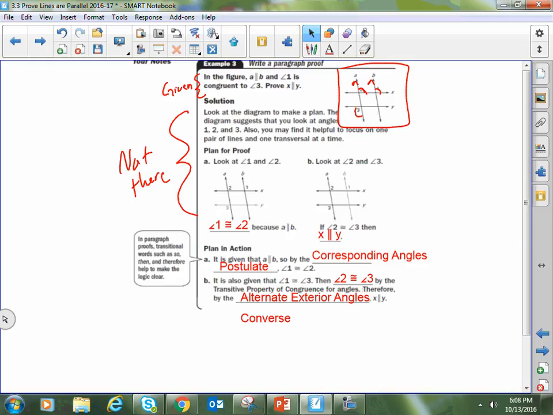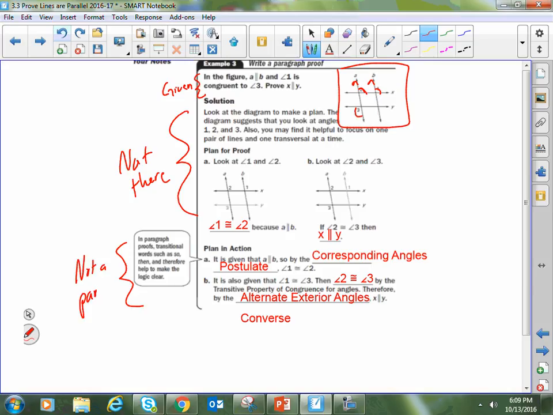Now, particularly this, guys, understand, this is not a paragraph. Why can't I spell? I'm having a hard time this afternoon. This is not a paragraph. This is essentially two bullet points.